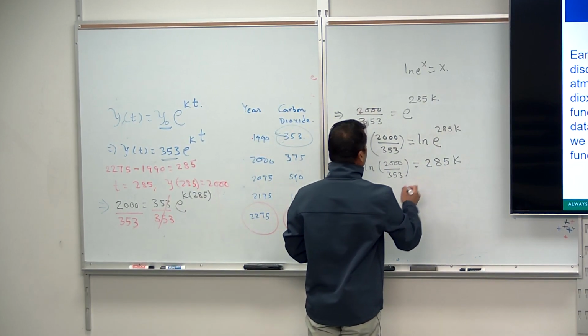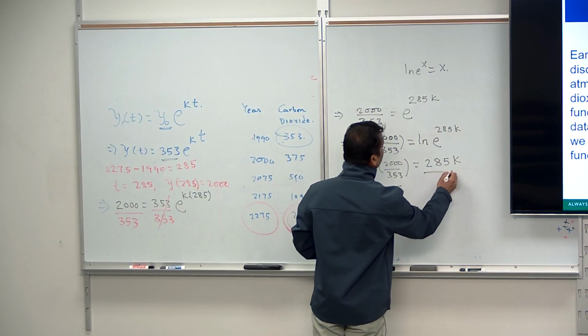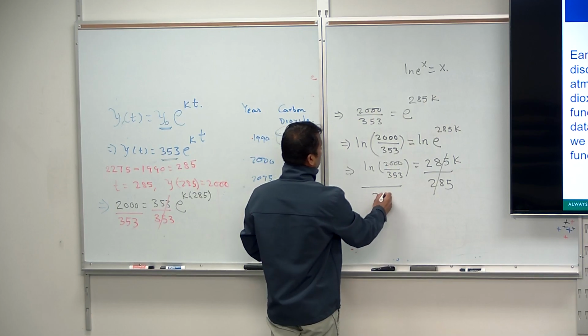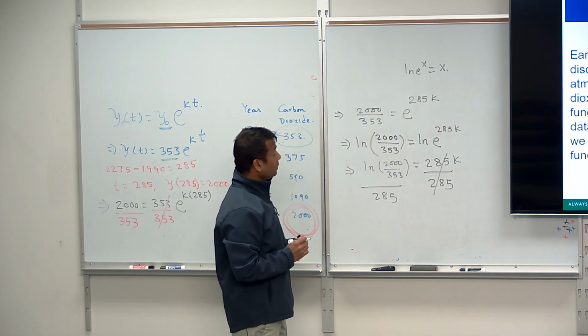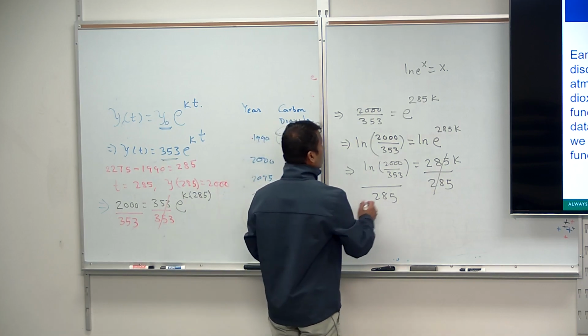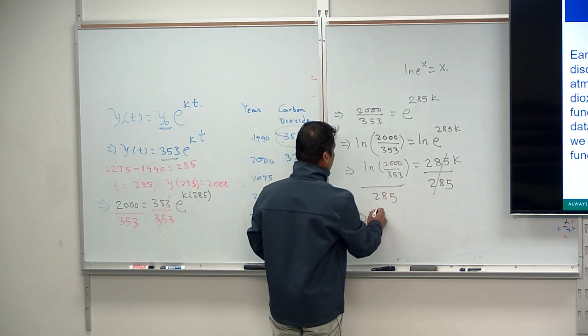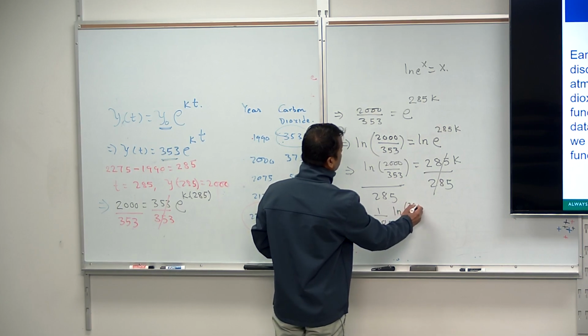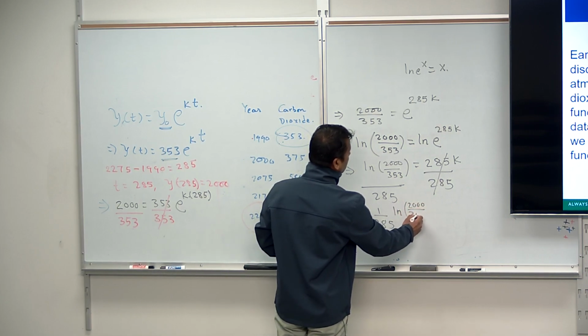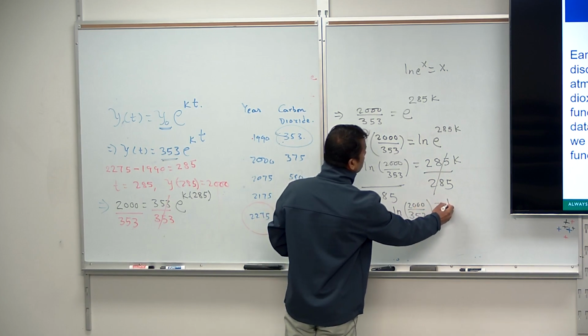So you divide both sides by 285, okay? Cross them out. See that? So this is the same as 1 over 285 ln 2000 over 353 equals k.